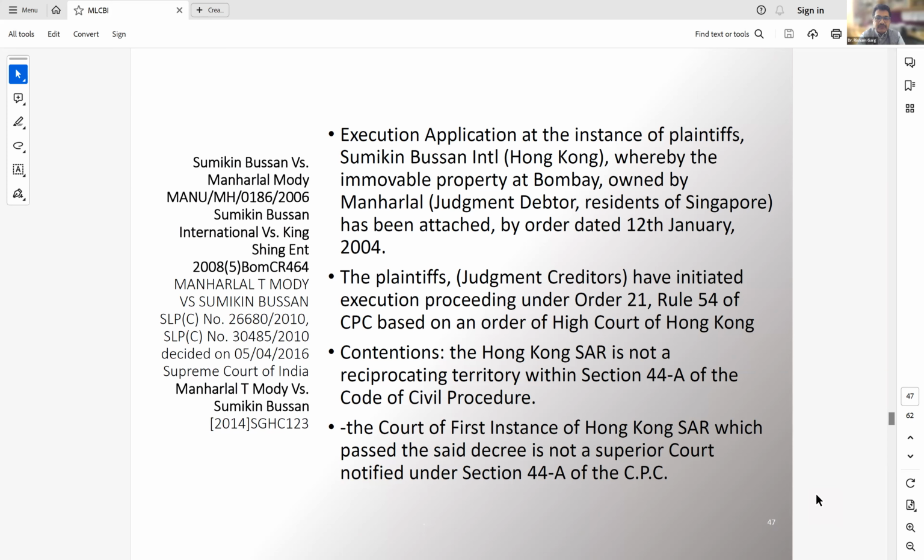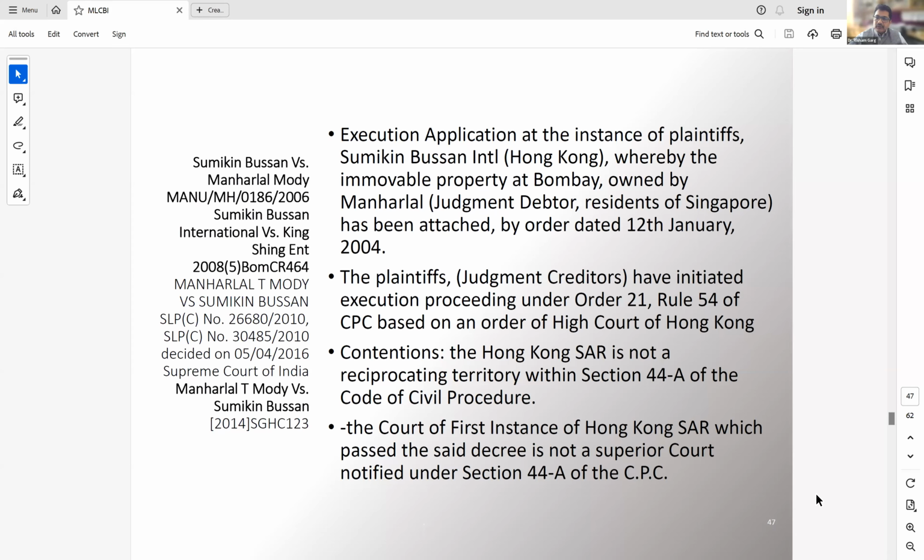So when the judgment creditor Sumikin Busan won the case in Hong Kong against Kingshing Enterprises, they would go to all the places wherever the debtors' assets are located. So they went to Singapore, because the assets of Kingshing Enterprises and the guarantor and proprietor Manohar Lal were located there, to get the Hong Kong execution order enforced.